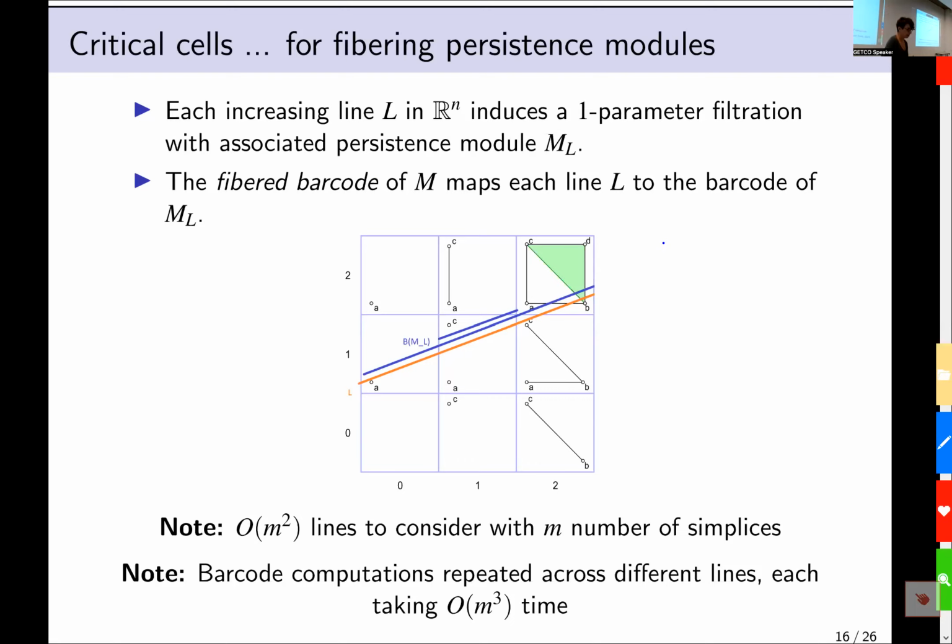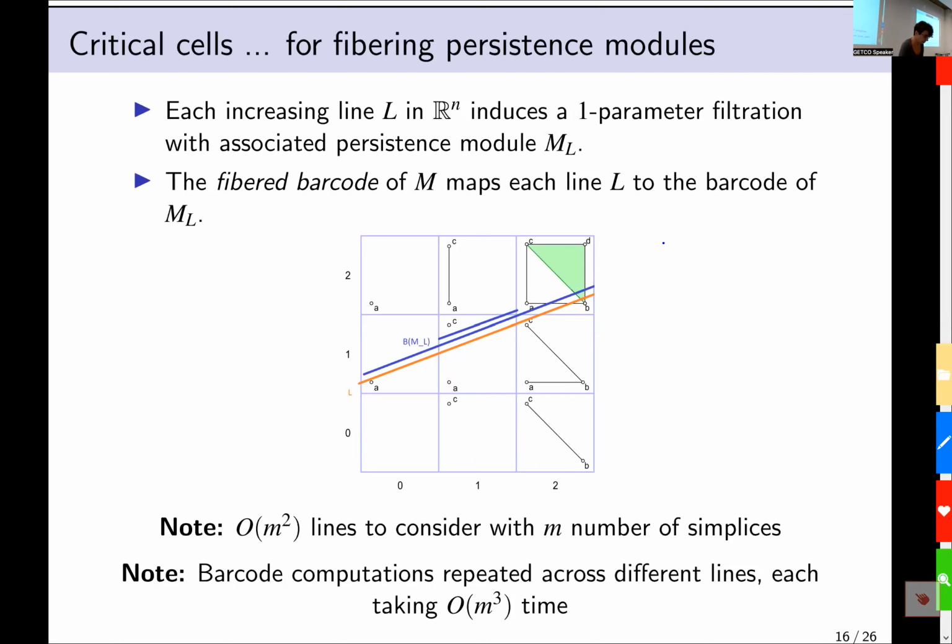In 1-parameter persistence, now we can compute the barcode, and we can do this for every increasing line. And so this is what the fibered barcode is: a map from lines with positive slope to barcodes of the restriction of the persistence module to L. And note that if we have m different values for the simplices, we have m² lines to consider.